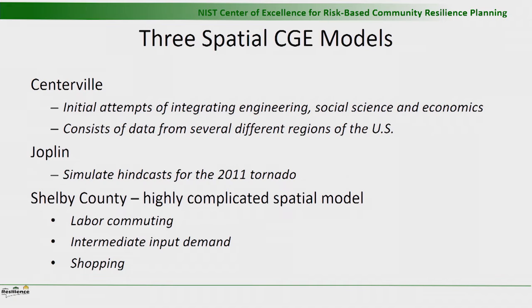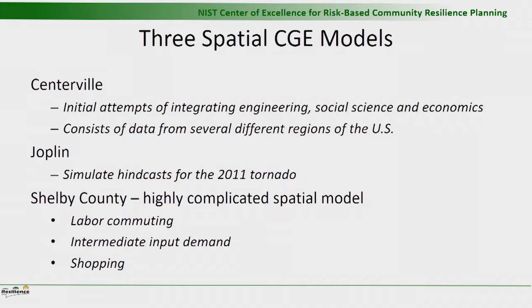So what we did is we built 3 CGE models, or computable general equilibrium models. We built one for Centerville, and this was the trial run to understand how damages calculated by the civil engineering team, primarily to capital stock, are integrated into an economic model. So we used Centerville as our test piece to develop some of the linkages between civil engineering and economics.